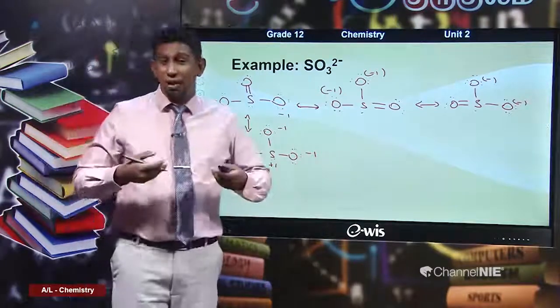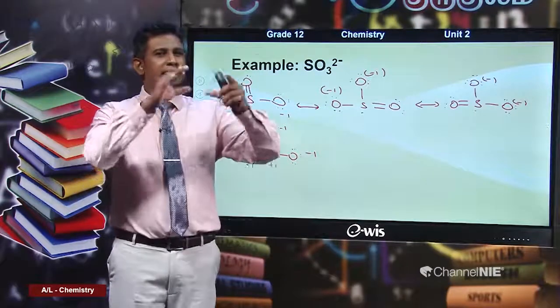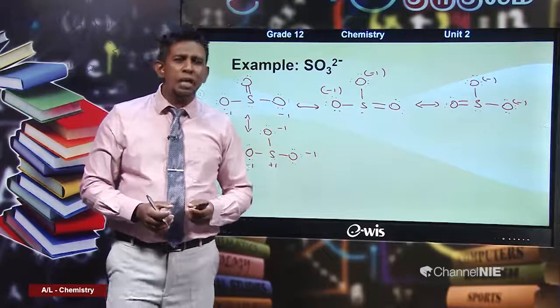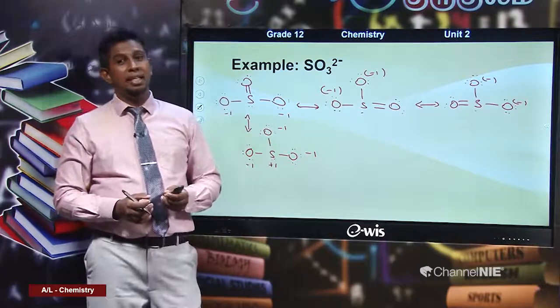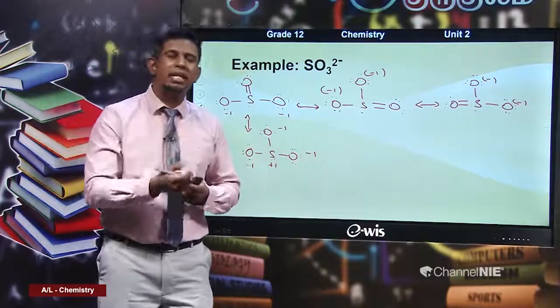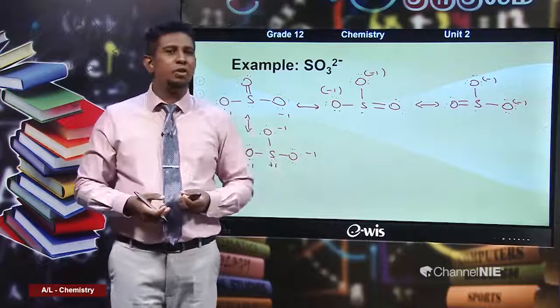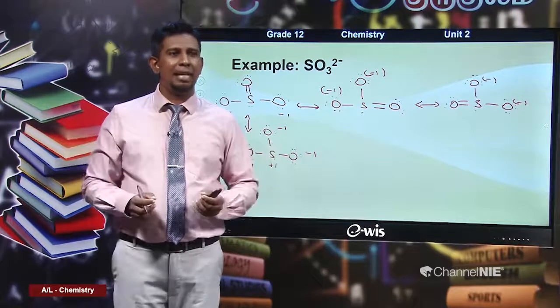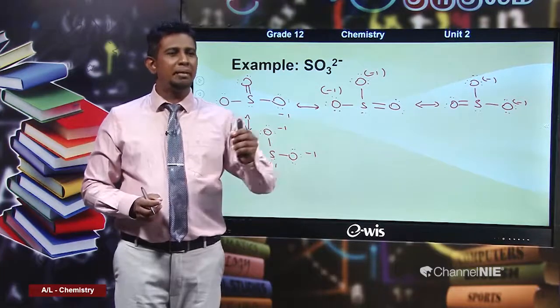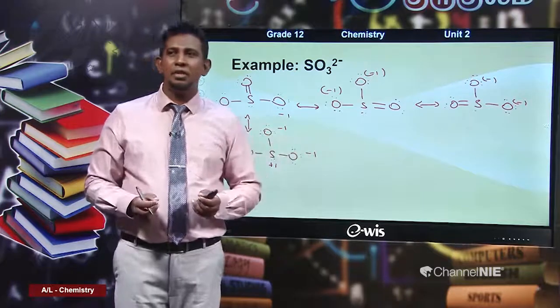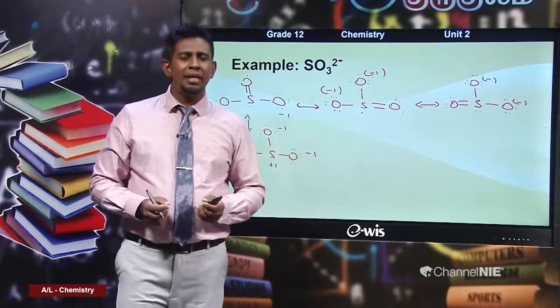Students, in your effort to represent its structure, you would be doing something like this, thinking you are going to draw a Lewis structure. You would first count the total number of valence shell electrons. Thereafter, you would divide that by 2, saying this is the total number of electron pairs.